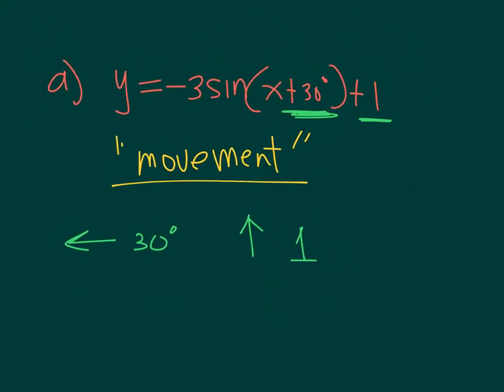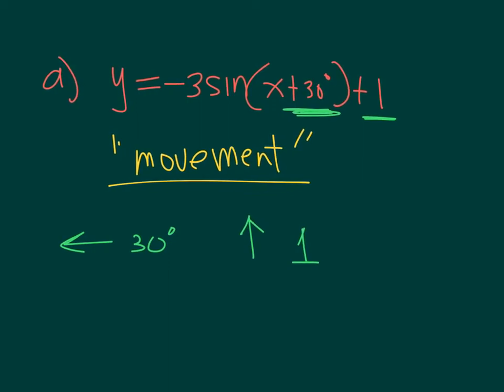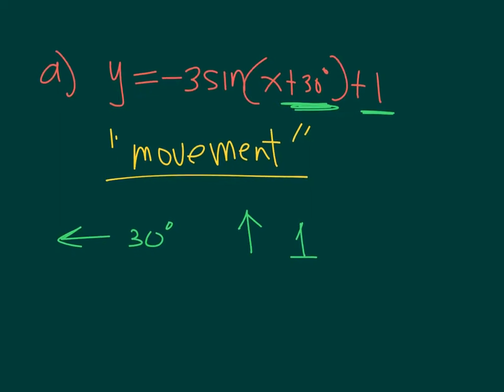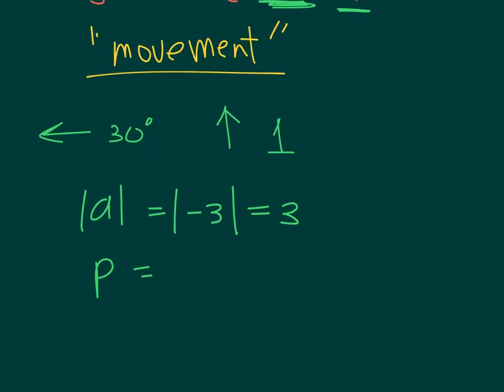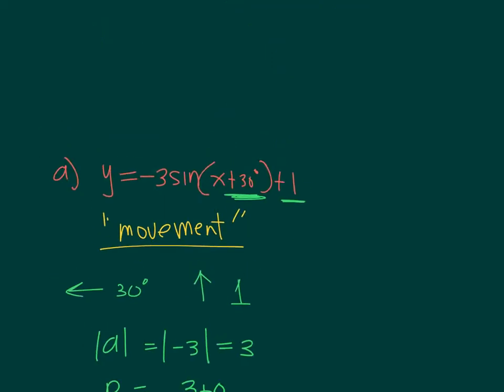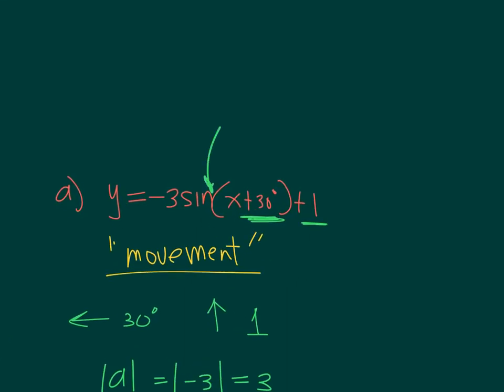But how are the period and the amplitude affected, or are they affected at all? What do you think will be the amplitude for this graph? 3. The amplitude remains the same, the absolute value of negative 3, which is 3. What about the period? 360, divided by 1. Because the 1 is here, the one outside the parenthesis, not even on the x.